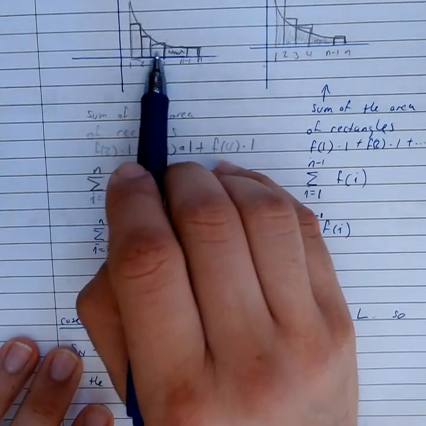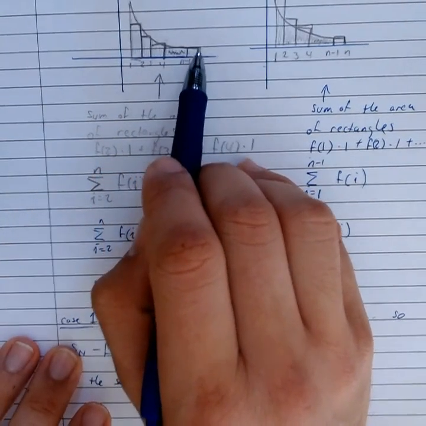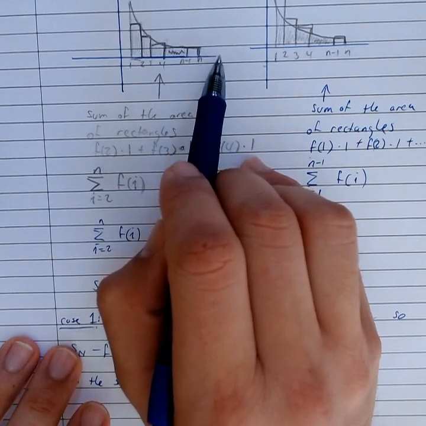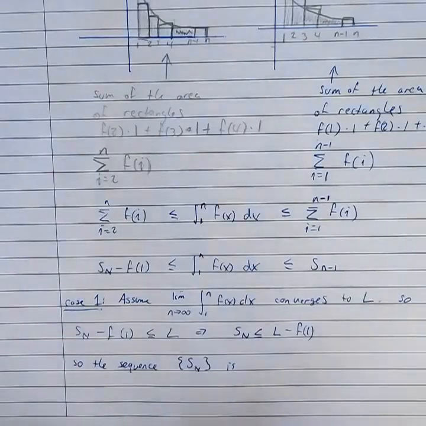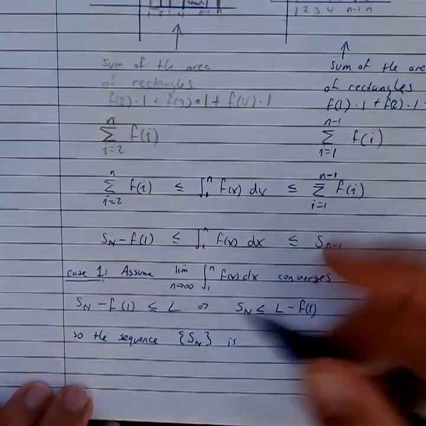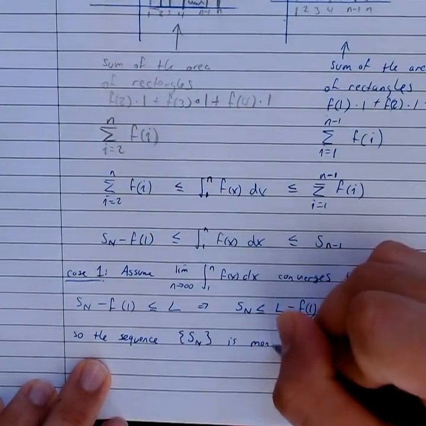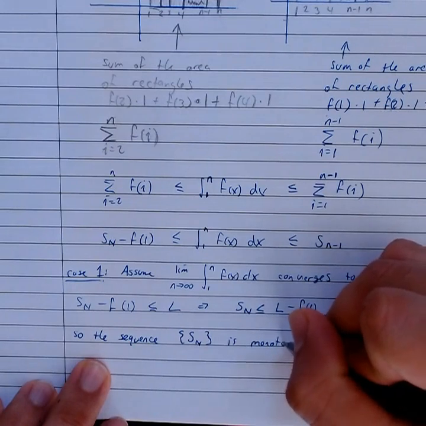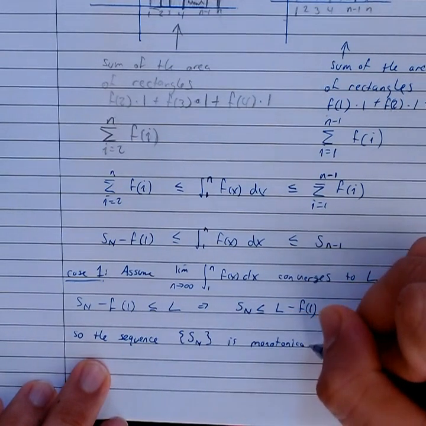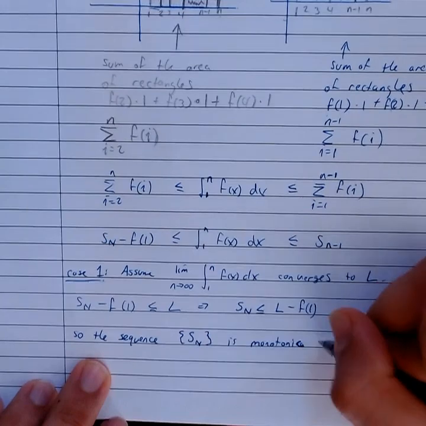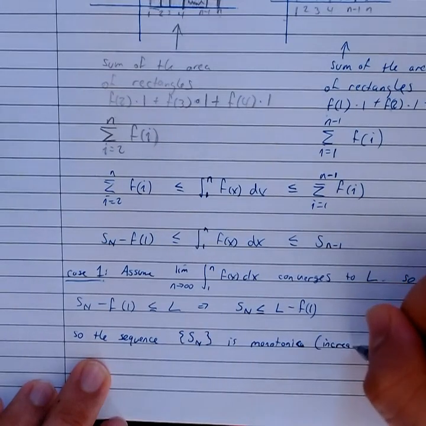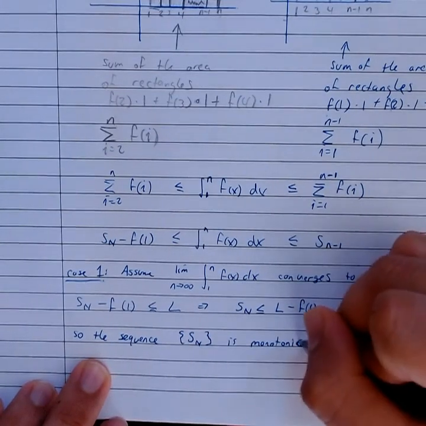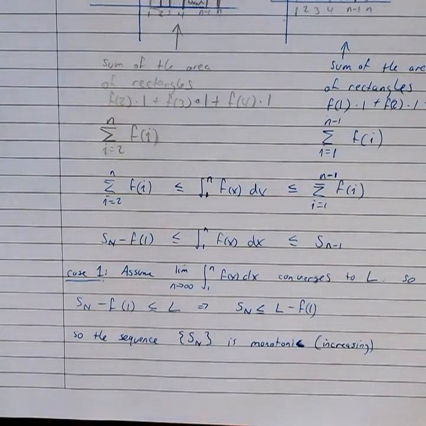Every time you add another rectangle, it's growing a little bit more and a little bit more. So it's monotonically increasing. So here the sequence is monotonic. And here I'll write increasing, although that part doesn't really matter. All that matters is that it's monotonic.